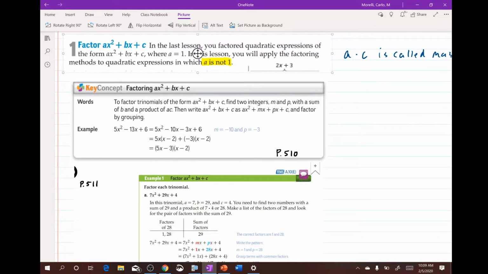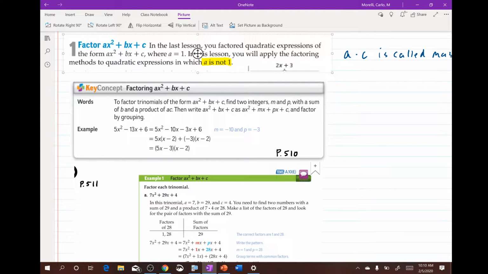I want to teach you how to factor and solve quadratic equations where the leading coefficient is something other than 1. So all of the ones that you did last night were like x squared plus 2x plus 5, or x squared minus 7x plus 3, where a was always 1. That was what we said: okay, a equals 1, therefore we can do our simple factoring.